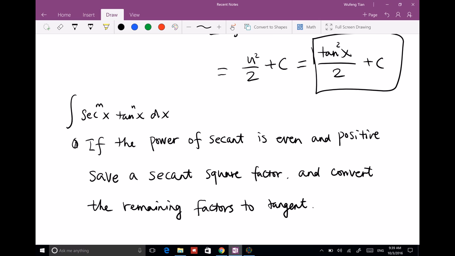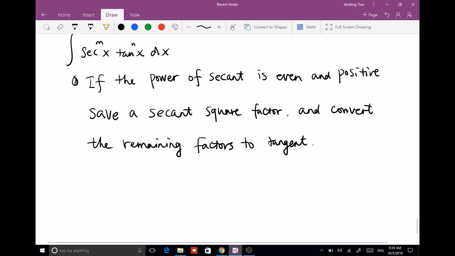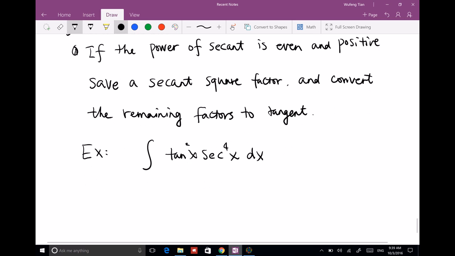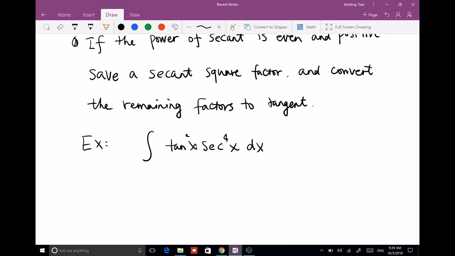So let's look at one more example of the same thing. Tangent x squared secant x to the power 4 dx. We have the secant is even, which is perfect. From the method, I need to save the secant squared, take one secant squared out.